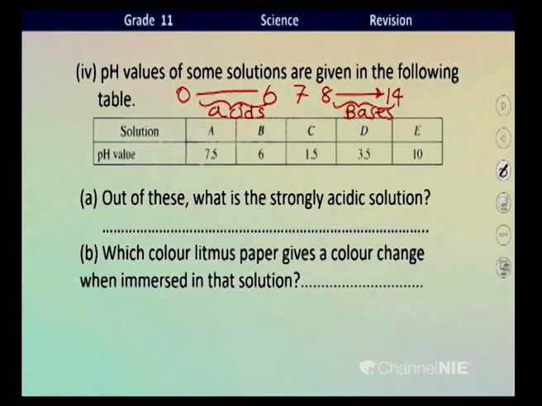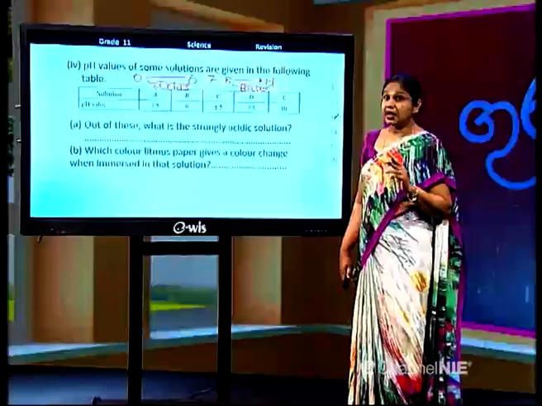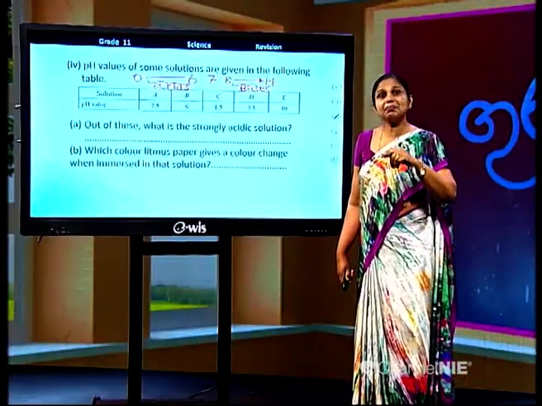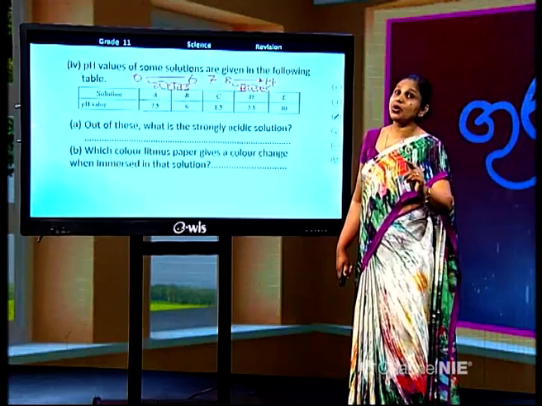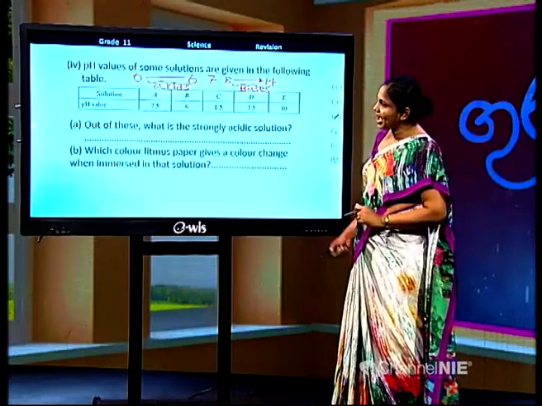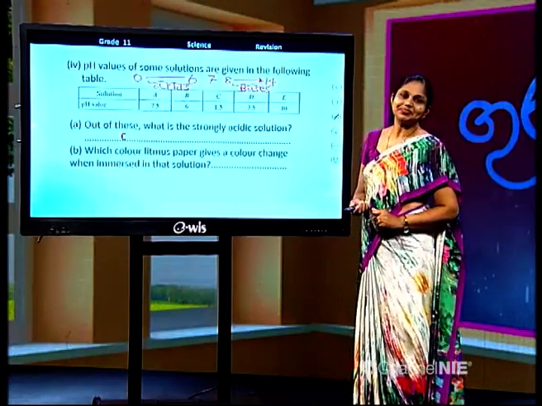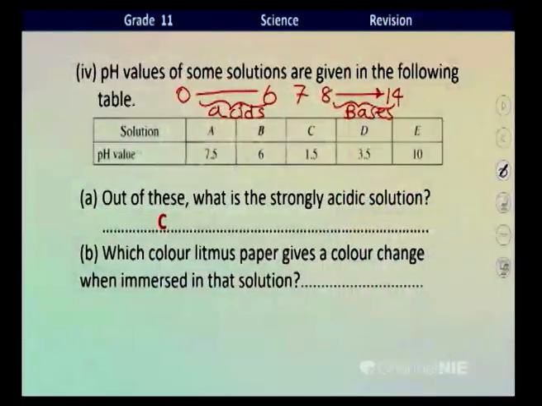So, out of the solutions given here, what is the strongly acidic solution? The one with least pH value must be the strong acid. Then the answer C, least pH value. Which color litmus paper gives a color change when immersed in this type of solution?